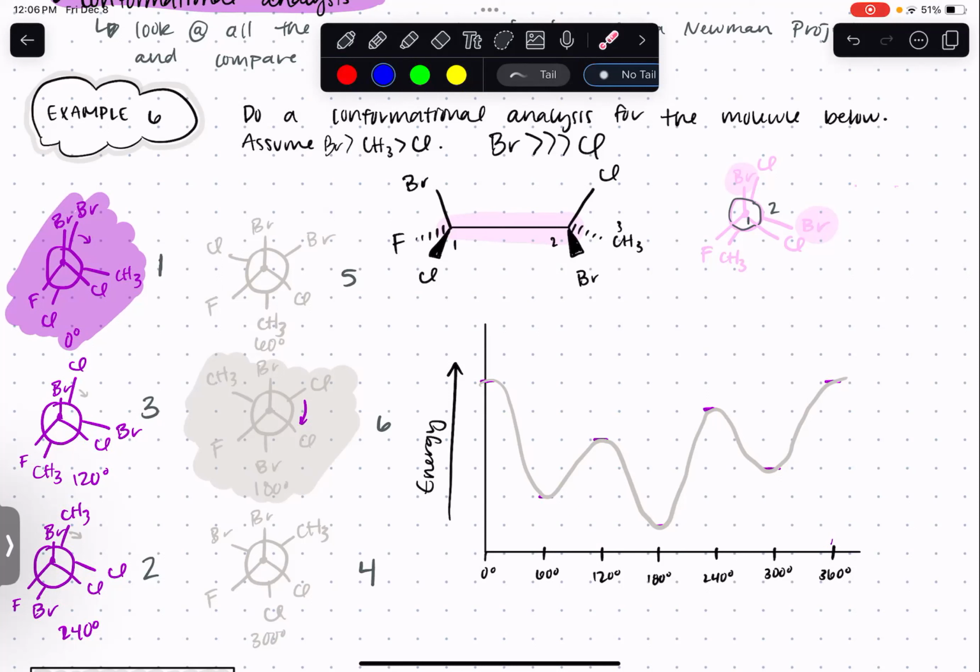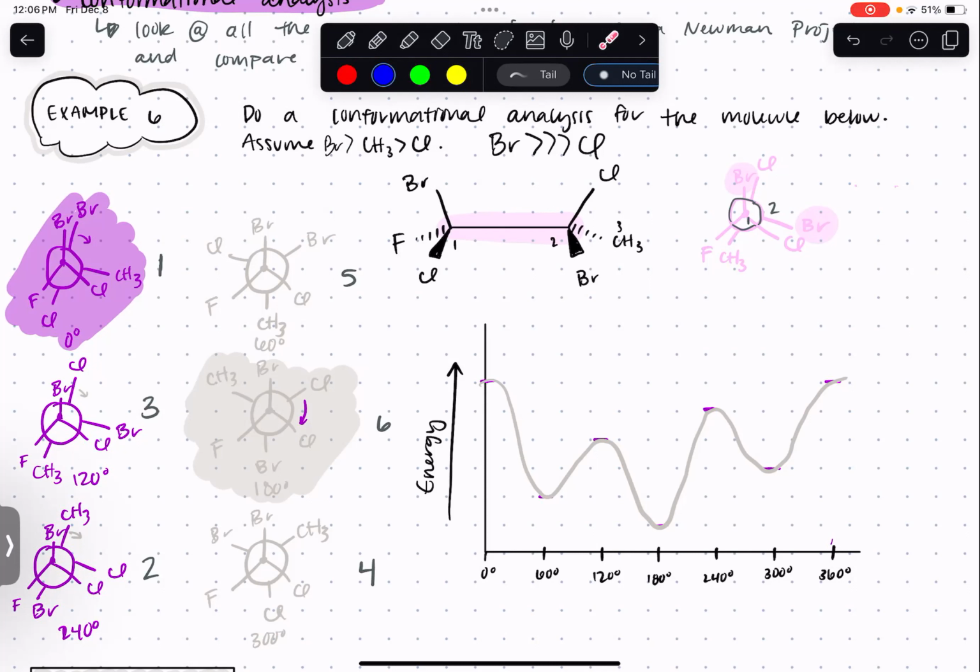They won't typically tell you, oh, this is your highest energy one. You kind of have to figure that out for yourself. But it will always be the first one though, right? Yeah, for this class it will. And most of the time when you're doing conformational analysis, it will be like that. Yeah, it is about size, not electronegativity. So we definitely want to make sure that we keep that separate.